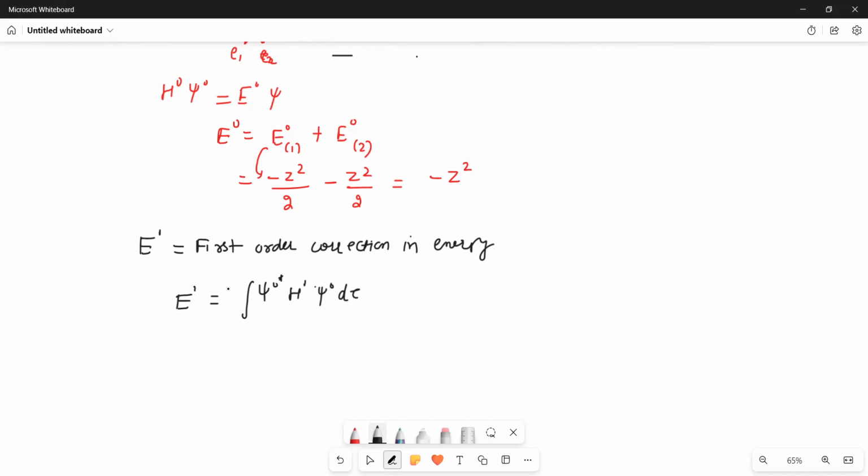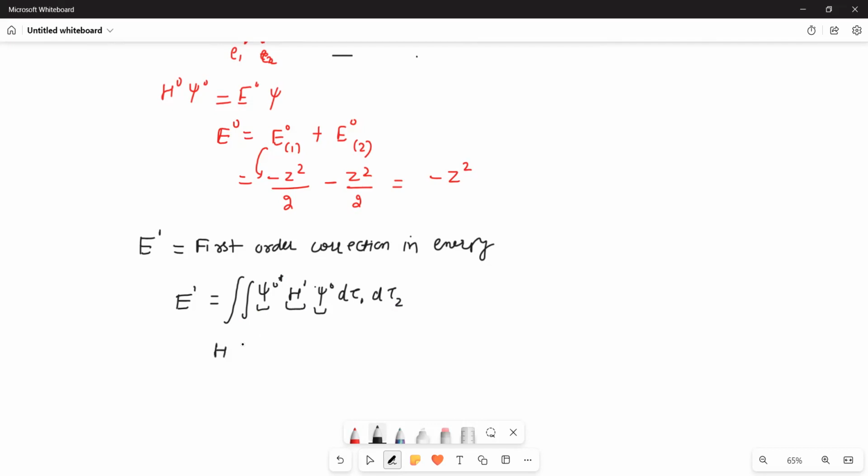But we are doing it for the helium system now. For the helium system we have two electrons, so we have to put two integration signs. Here also we have to put d tau 1 and d tau 2. Now write down the wave function expression here, and the H dash expression here.